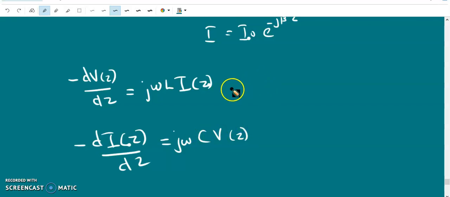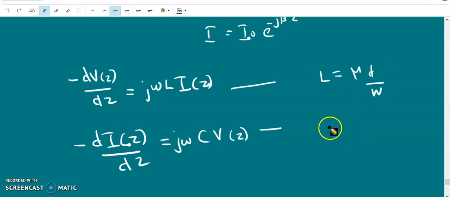So these are the two transmission line equations, where C is the capacitance per unit length, L is equal to mu times d by w, and C is equal to epsilon w by d. And please show that mu d by w has the dimension of inductance per unit length, and epsilon w by d has the dimension of capacitance per unit length. So this is the homework. Okay.